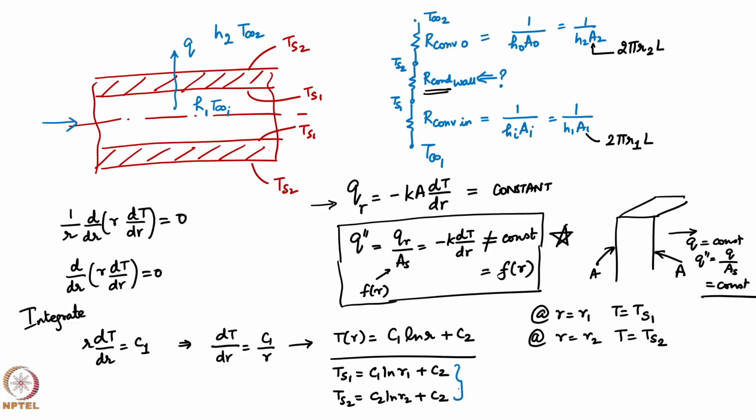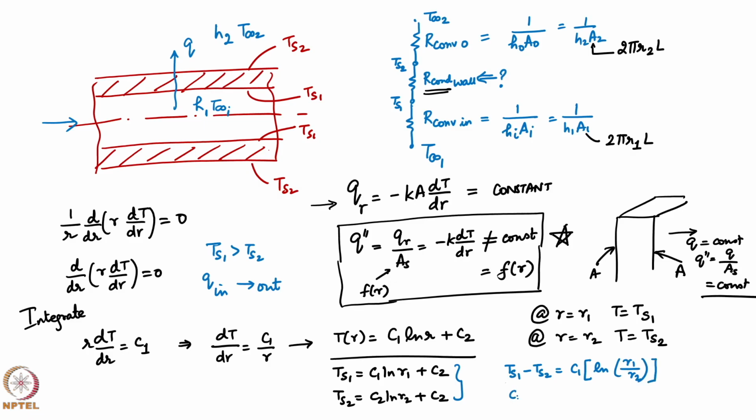So, I am saying Ts1 is greater than Ts2. So Q is going from inside to outside, which means Ts1 is larger. I will subtract Ts1 minus Ts2 is equal to C1 log of R1 minus log R2, which is log of R1 by R2. Please remember, R1 is smaller than R2, so this log term will be negative.